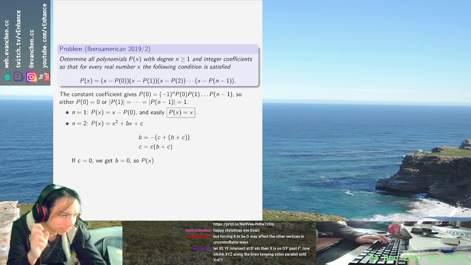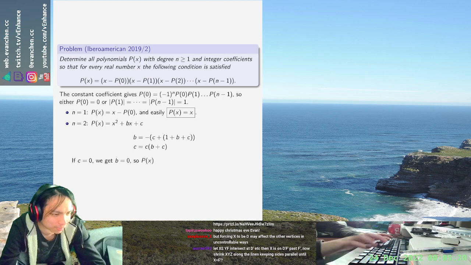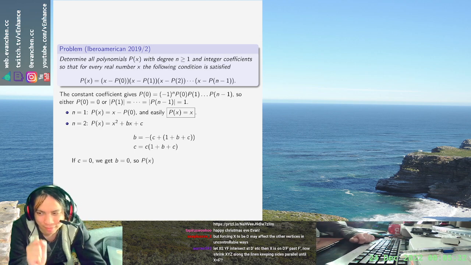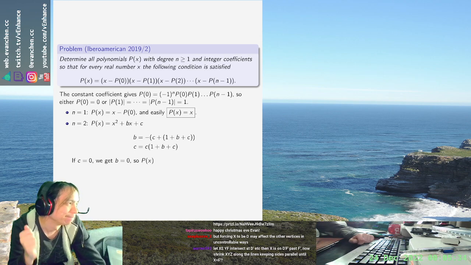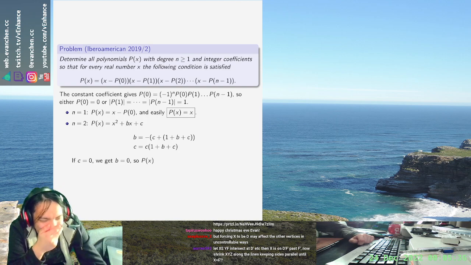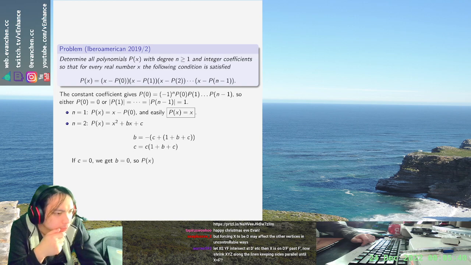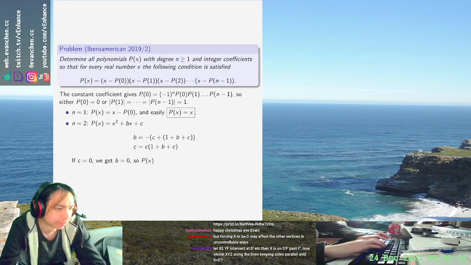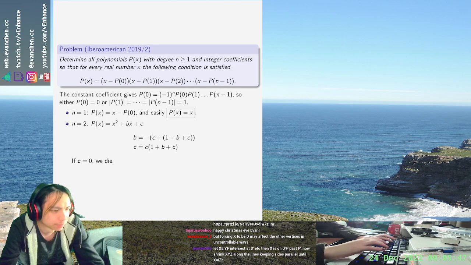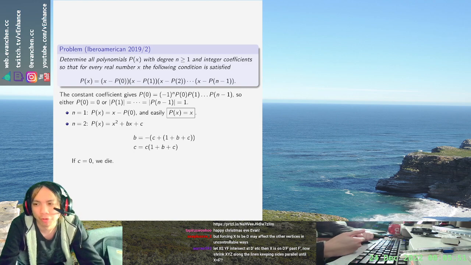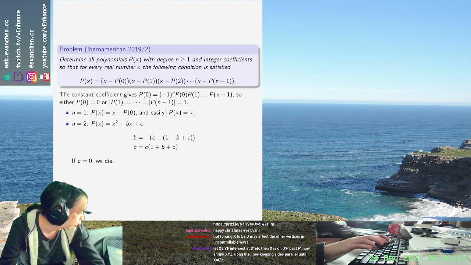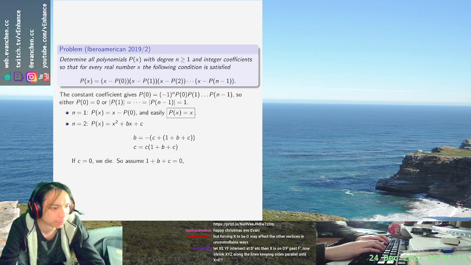Okay, p of 1 is 1 plus b plus c, not... Okay, that's... Okay, if c equals 0, we die. So assume 1 plus b plus c equals 0. So this is nice because for any particular value of n, you can extract pretty quickly what the values are supposed to be, I think.